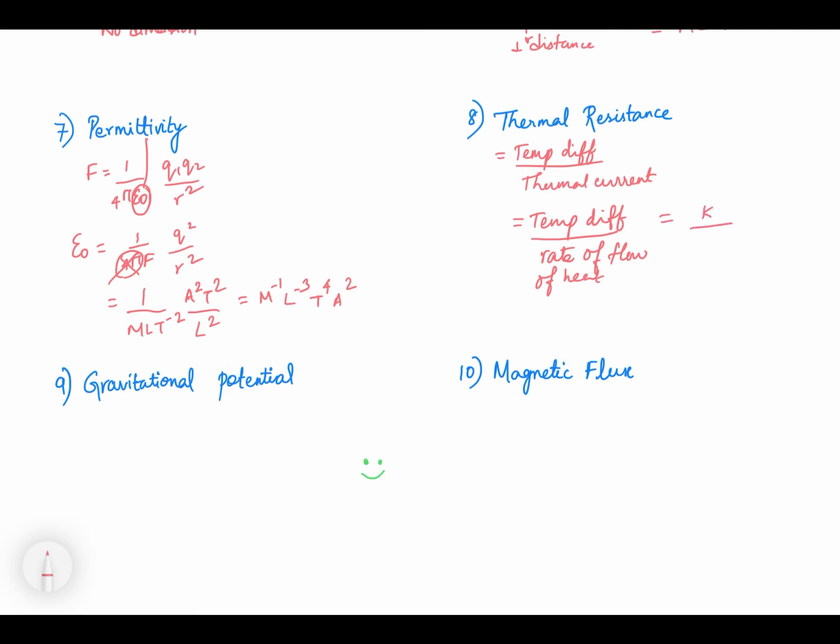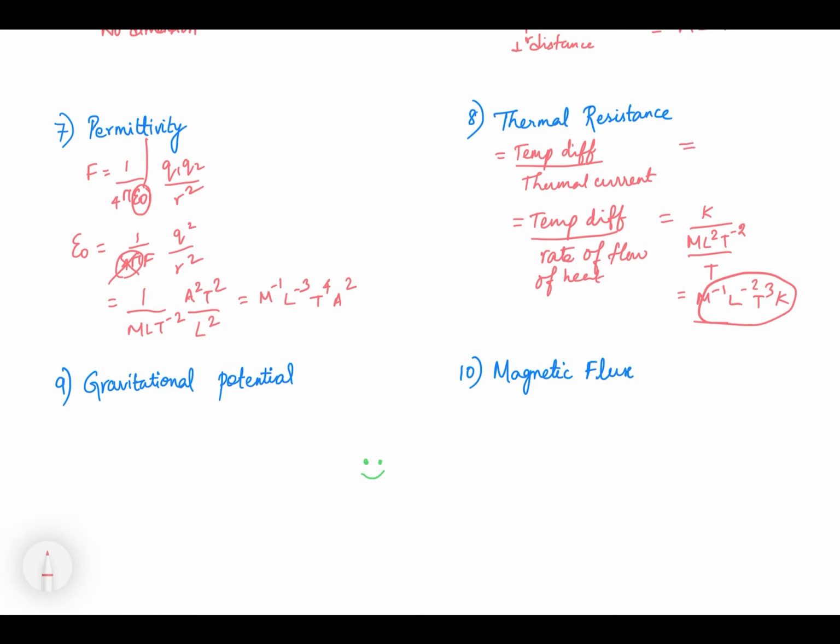So it becomes Kelvin, temperature, right? So Kelvin, and delta Q by delta T. So Q is not charge over here, it is rate of flow of heat. So it becomes calorie, or the dimension of heat becomes mL square T minus 2, and for time you write it as T. It is going to become M minus 1 L minus 2 T power 3 and K. This is the dimension of thermal resistance.